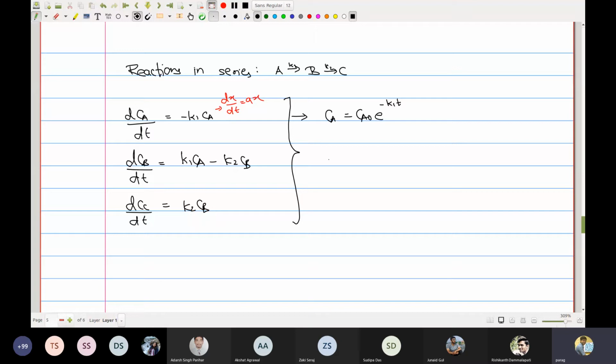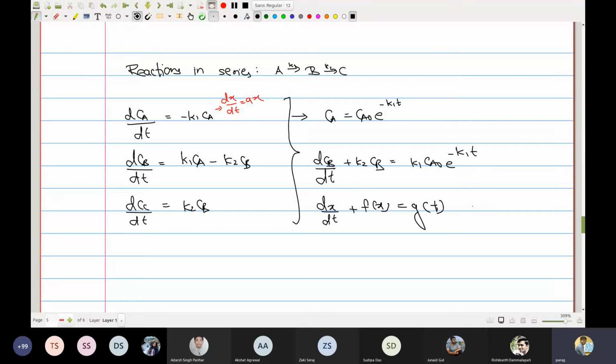We know that this is the equation, so I can write dCB by dt plus K2 CB equals K1 CA, where CA is CA0 e to the power minus K1t. And therefore this is an equation of the form dx by dt plus f of x equals g of t.